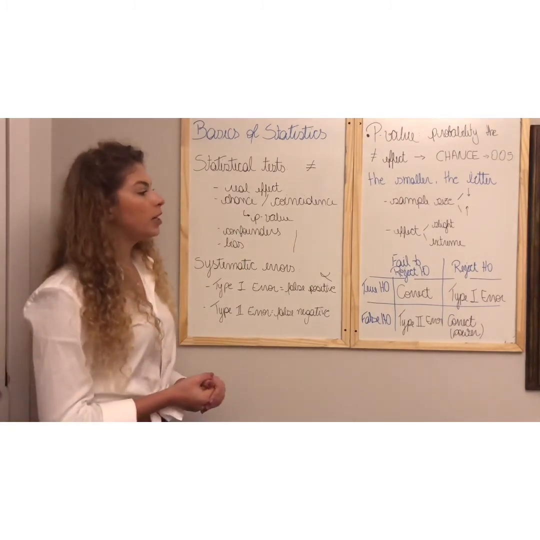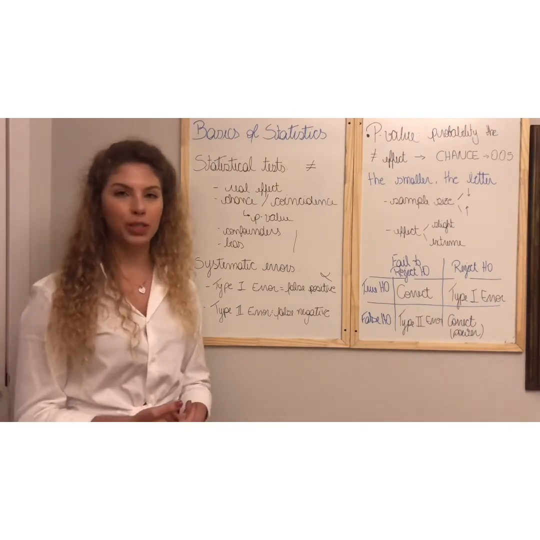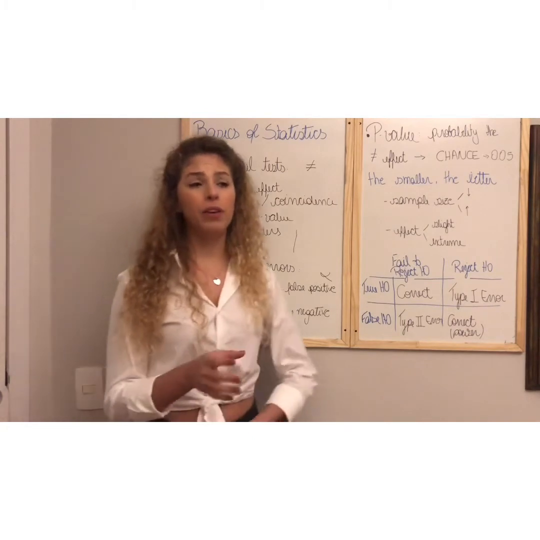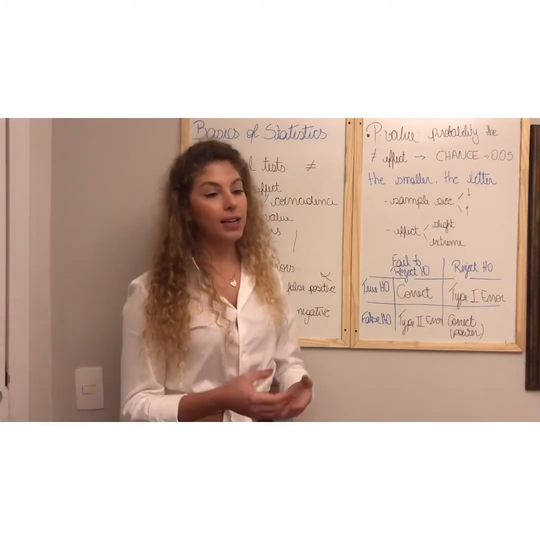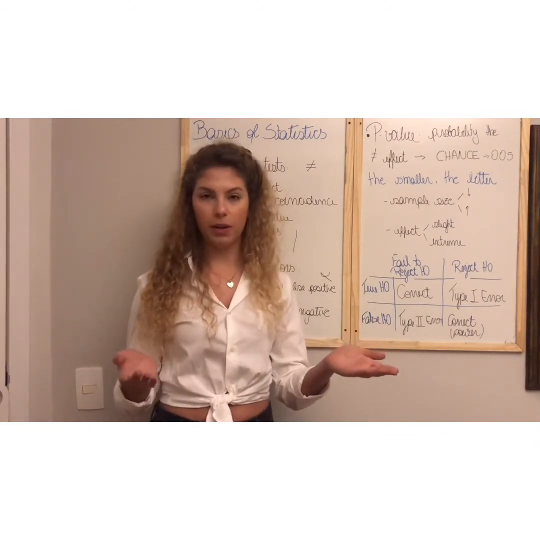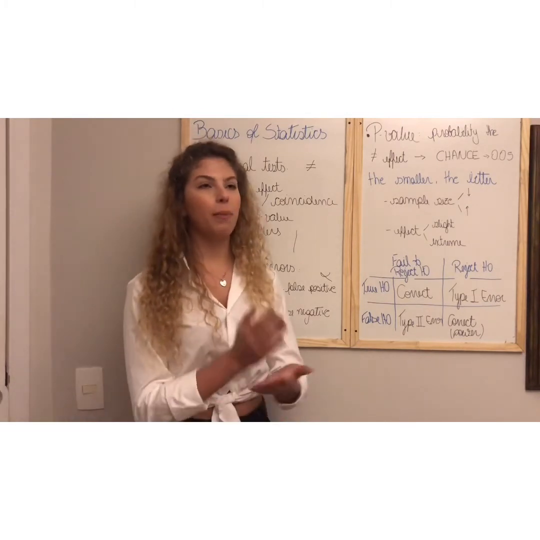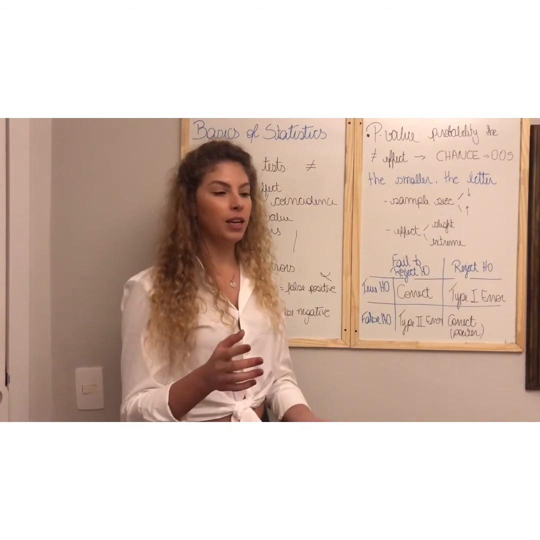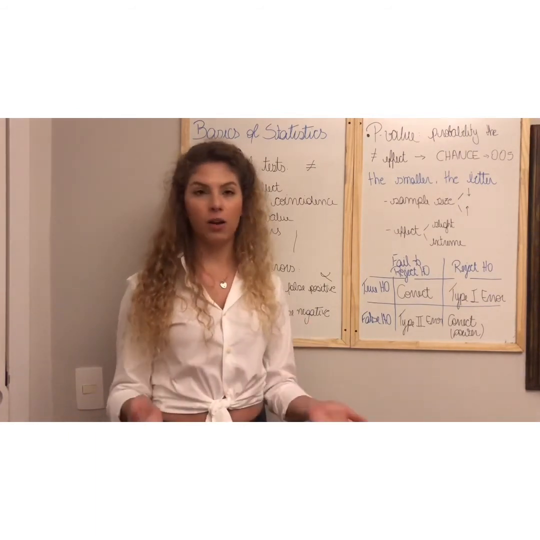Well, so we need to control type 1 errors, and how do we do that? With the p-value. So what is the p-value? P comes from probability, so it is the probability that the difference in effects between these two groups, drug A and B for example, is due to chance. So p-values measure the chance that the difference in effect between groups is just a coincidence.